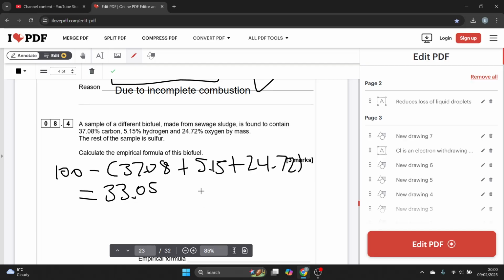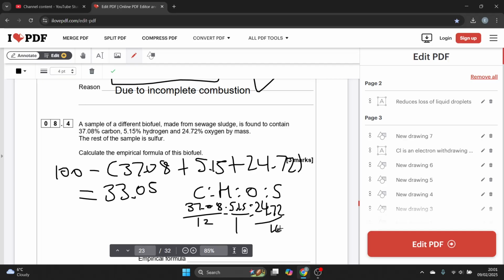Then I'm going to do carbon, hydrogen, oxygen and sulfur, and find out the moles for each one. 37.08 divided by 12, 5.15 divided by 1, 24.72 divided by the Mr of oxygen, 16, and 33.05 divided by the Mr of sulfur, which is 32.1.